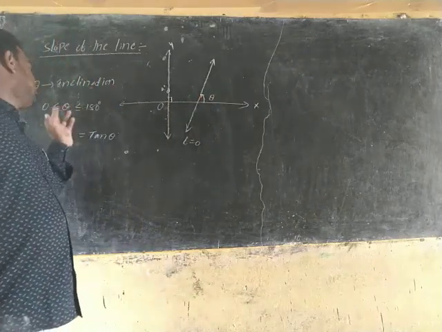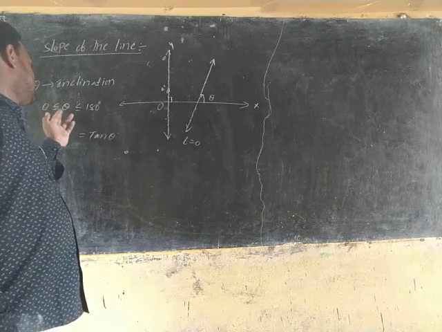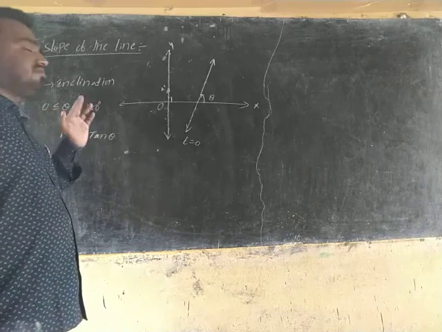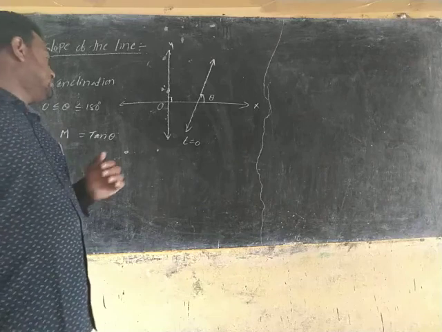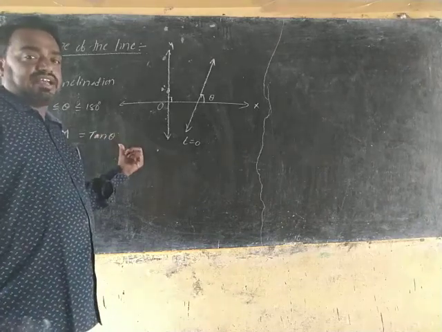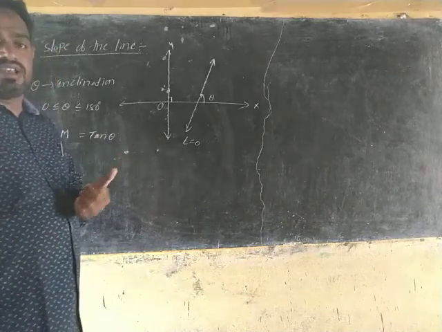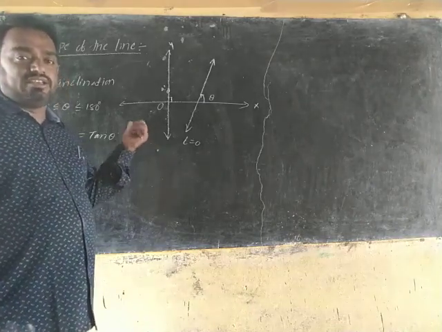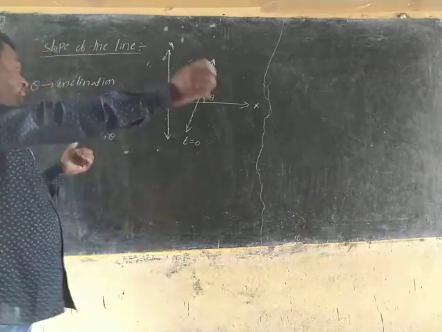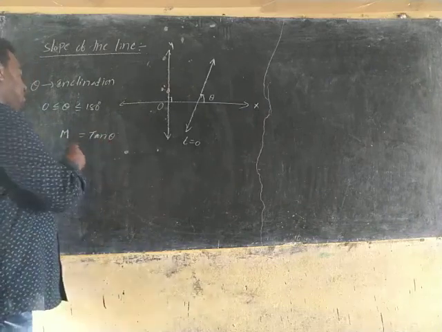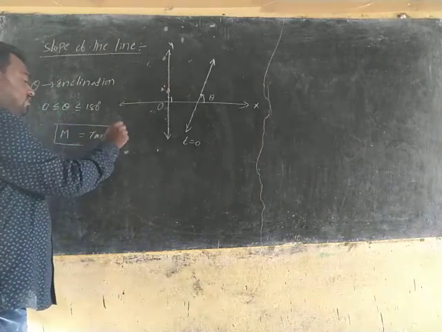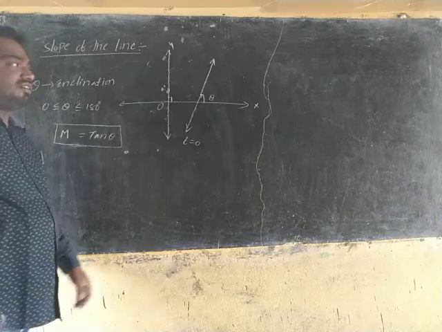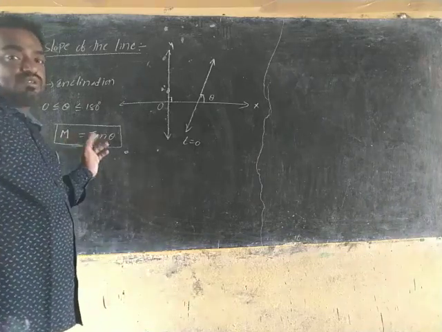In brackets you write 0 less than or equal to theta less than or equal to 180. And tan theta is called the slope of the line. It is denoted by m. Therefore m equals tan theta. You put the marks. This is the formula for the slope of the line.